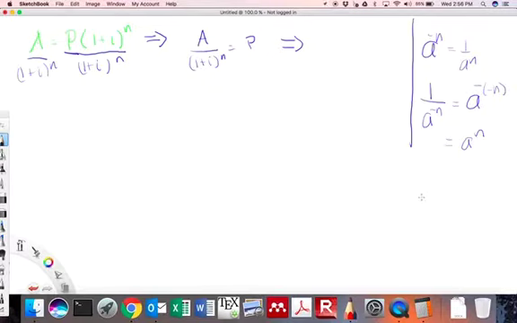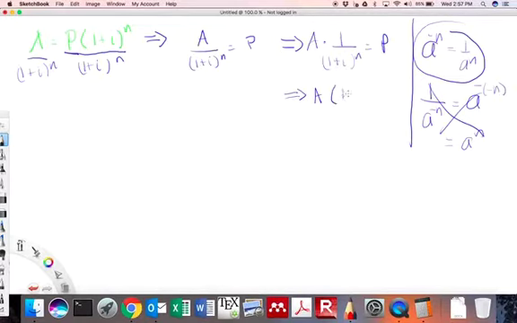This is A times 1 over 1 plus i to the n equals P. And 1 over 1 plus i to the n can be thought of as 1 plus i to the negative n. So this means A times 1 plus i to the negative n equals P.